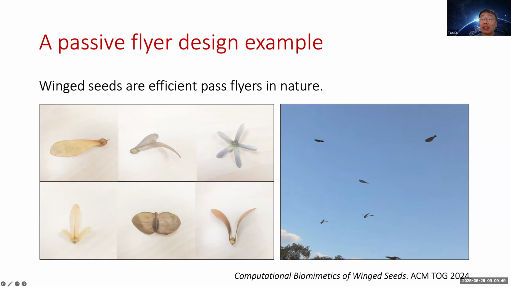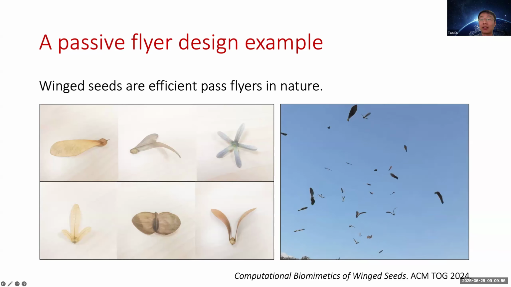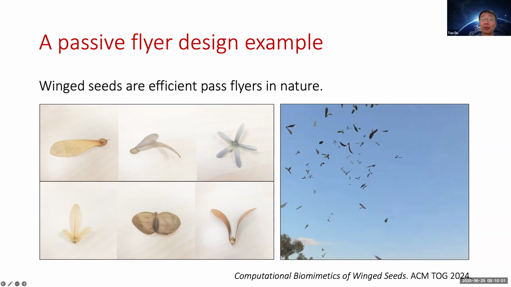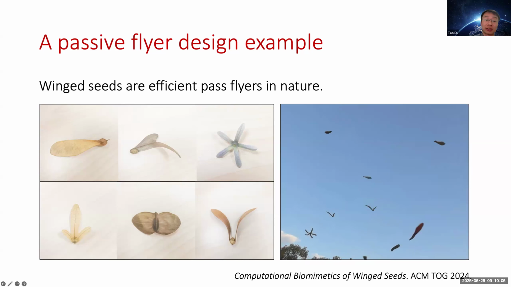This interaction between the shape and the airflow automatically triggers self-spinning behaviors, as shown in the right video, which generates thrust like a propeller. This is beneficial for them because it expands their dispersal range.